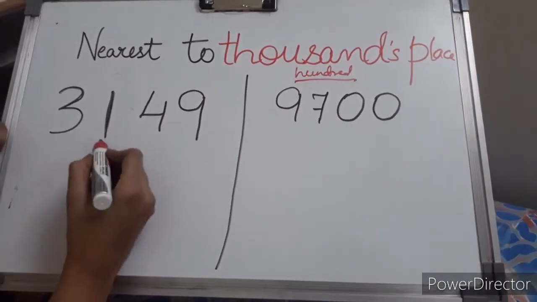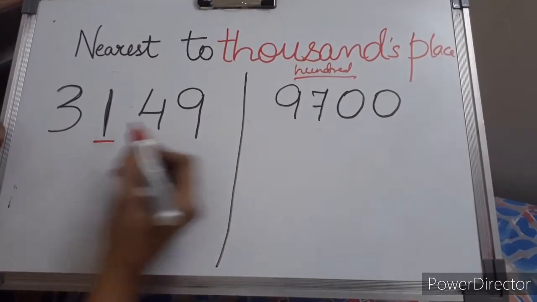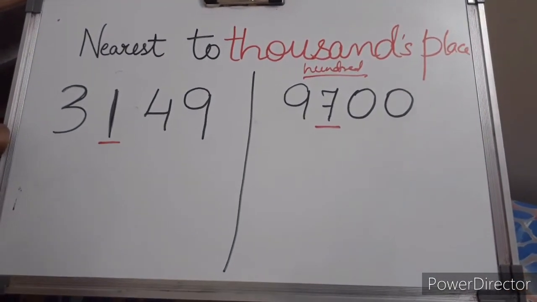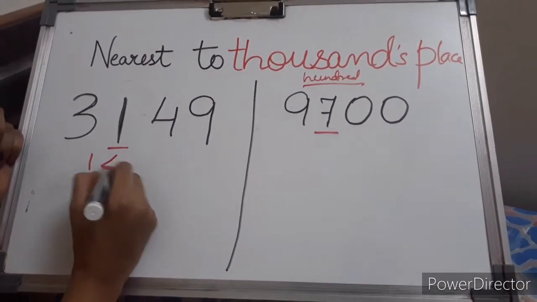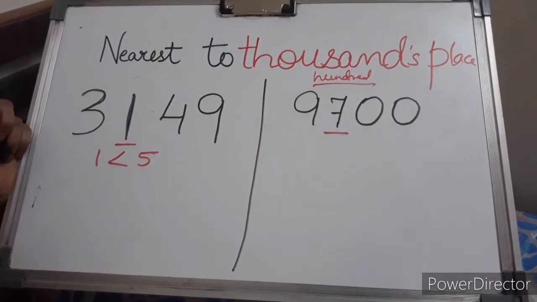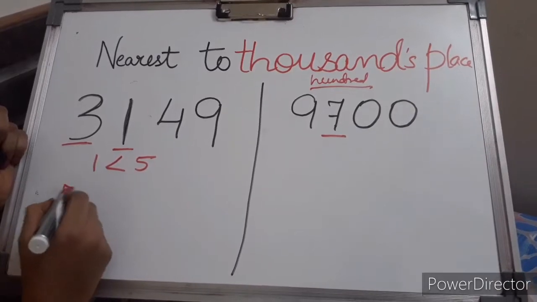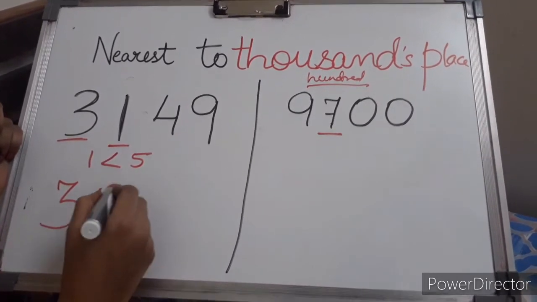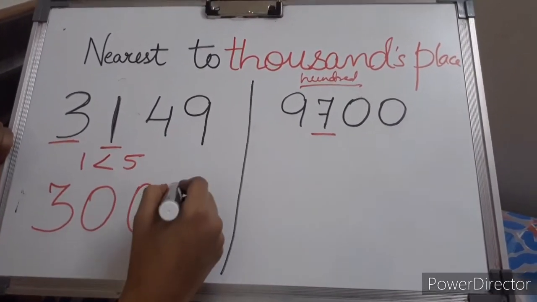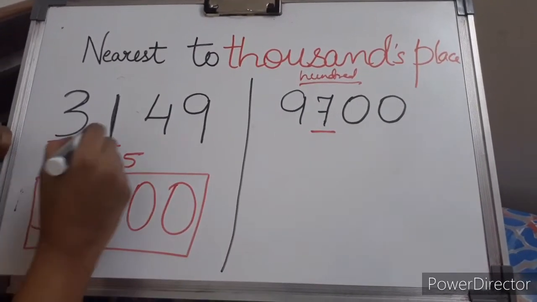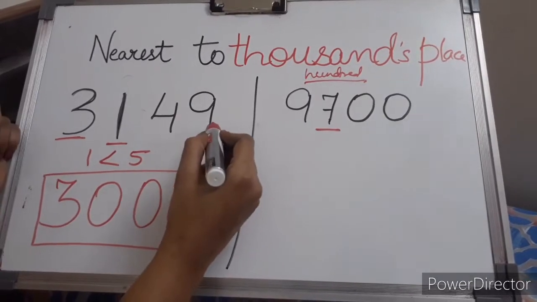The hundreds digit here is 1 and here it is 7. 1 is less than 5. So this digit will remain unchanged and we will write 3000. So this is the rounded number for 3149.